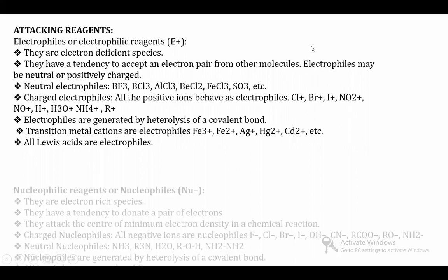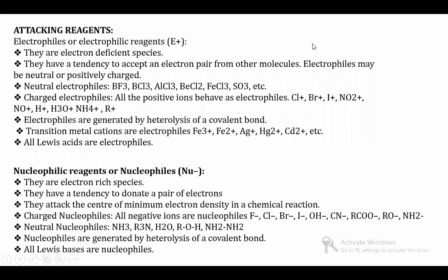Nucleophiles are electron rich groups with a tendency to donate a pair of electrons. They are attracted to the electron deficient group, the electrophile. They have extra electrons and a tendency to donate a pair of electrons.